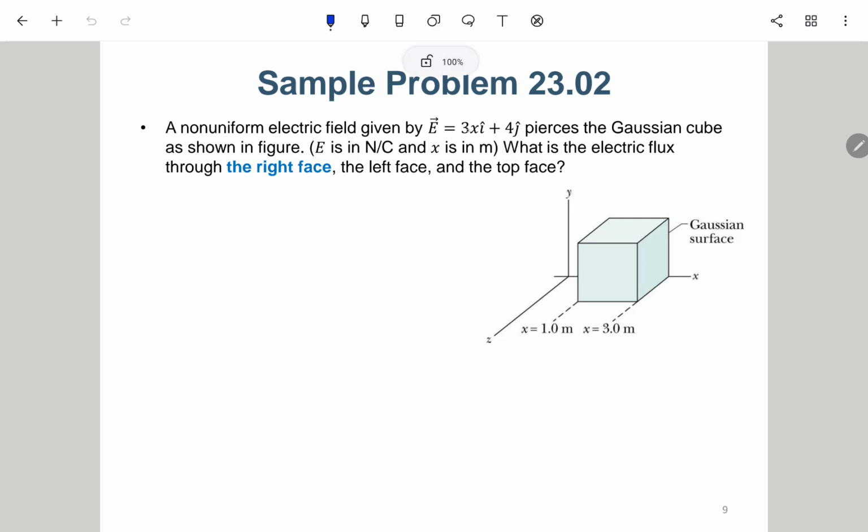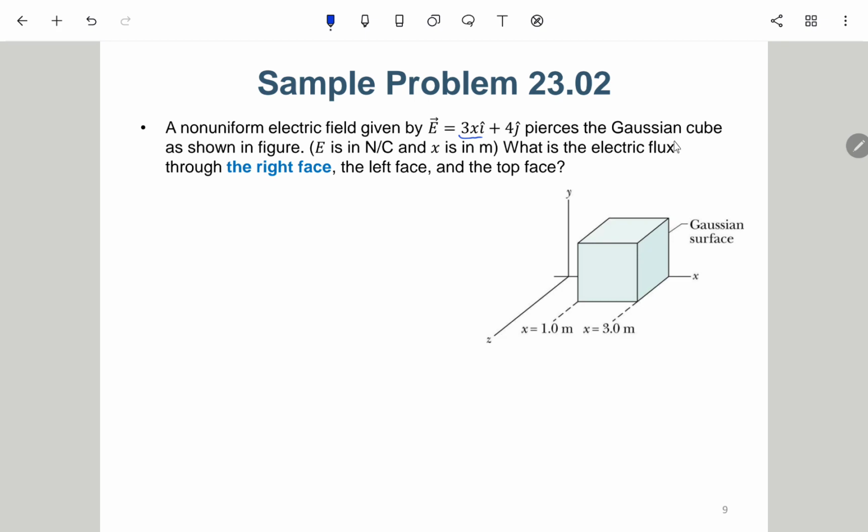So actually this E field is not uniform. It is related to the coordinate, to the x position. If x is 0, on the yz plane, then the x component is 0. If x equals 1 meter, then it is 3 times 1; if it is 3 meters, 3 times 3, in the x direction.